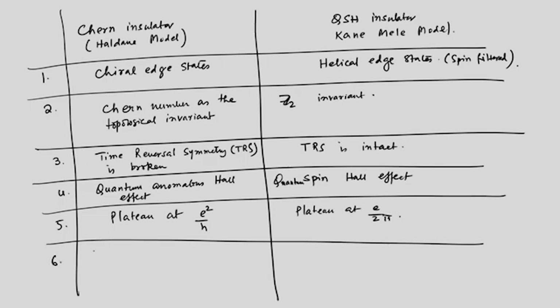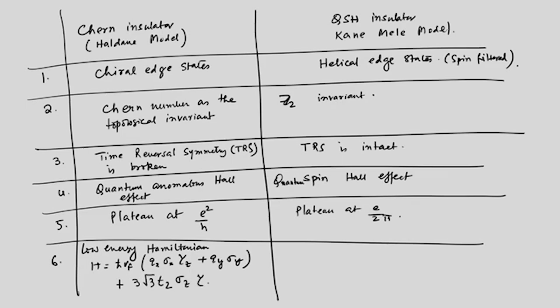Last but not least, of course, we have a low energy Hamiltonian. H equals h-bar vF qx sigma x tau z plus a qy sigma y plus 3 root 3 t2, which you can call lambda SO also, sigma z tau z.